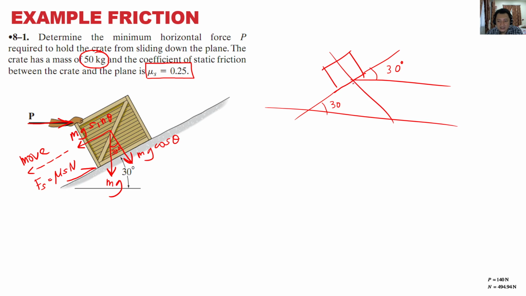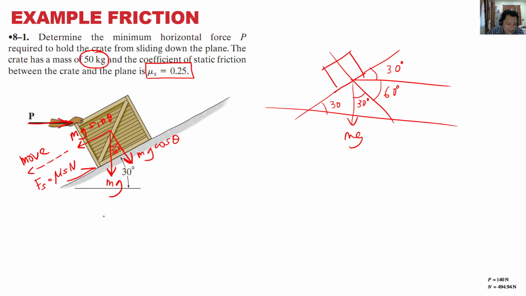If this is definitely 30 degrees, this is your mg, right? If this is 30, this is 60. If this is 60, this is definitely 30 degrees, which is here, okay? So you can base on this picture in order to resolve what is important.